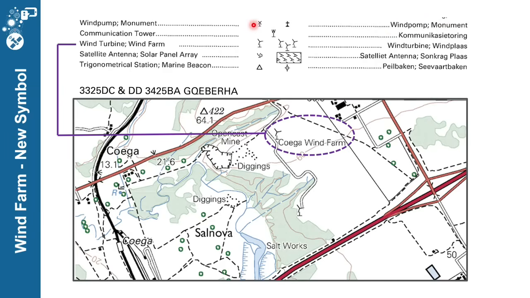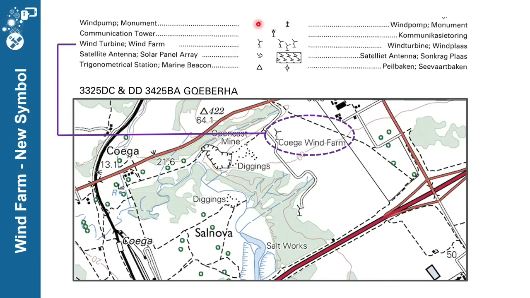Now, when you have 2 symbols on your map, on the key of the map, the first word here refers to the first symbol. The second word refers to the second symbol. This does not mean that symbol there is for a wind pump and a monument, and that symbol there is for a wind pump and a monument.